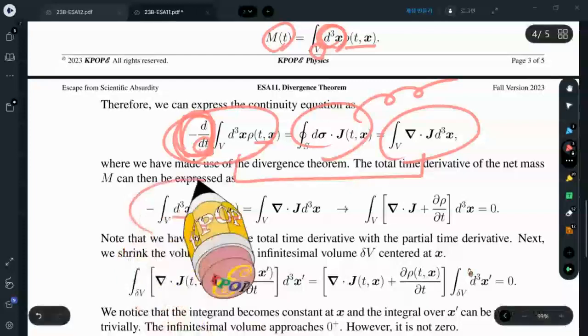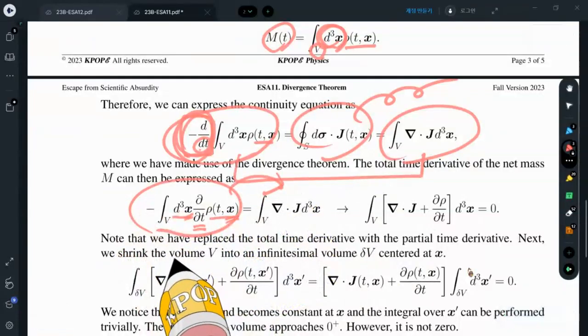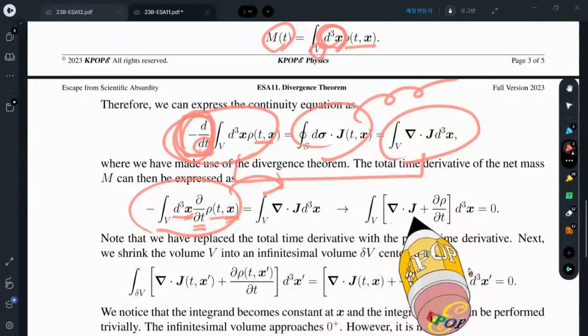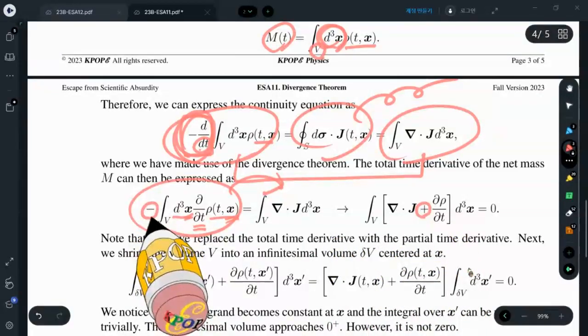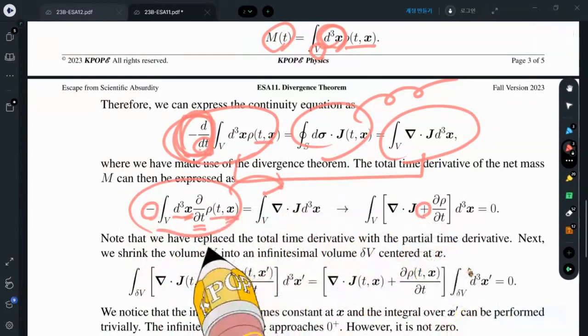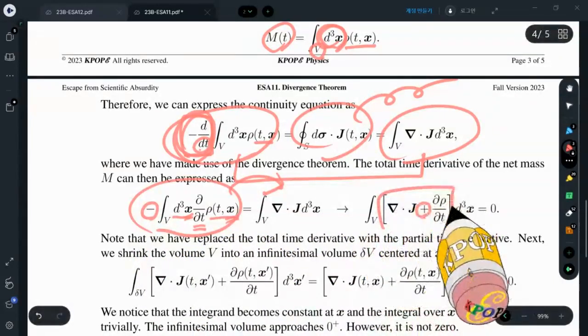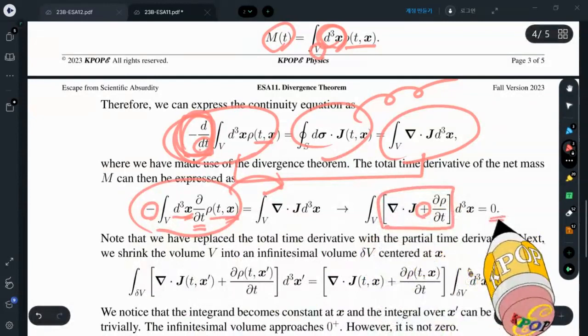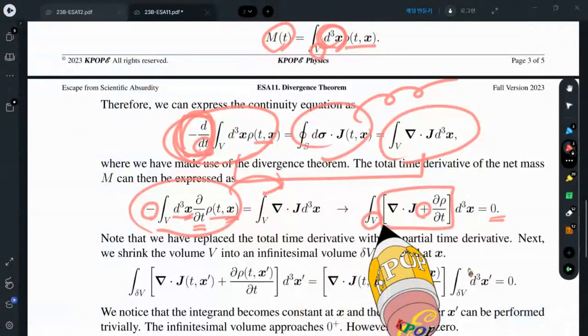And then move this one to the right-hand side and exchange left and right. We find the divergence J plus, the negative is replaced with positive, plus density's time derivative, volume integral must be 0. And this is whatever volume.